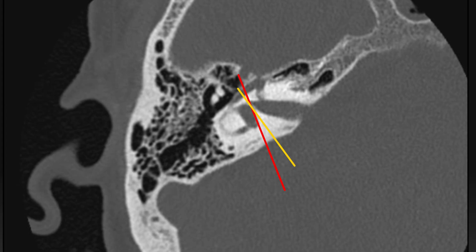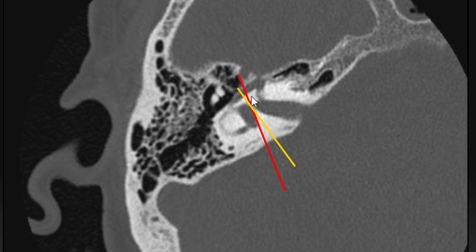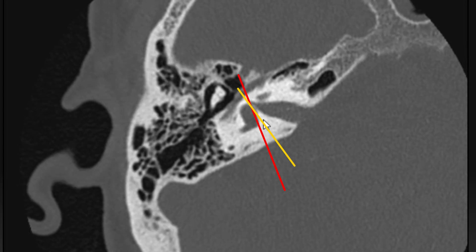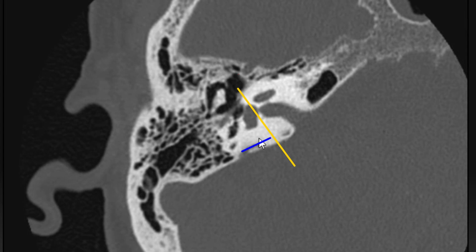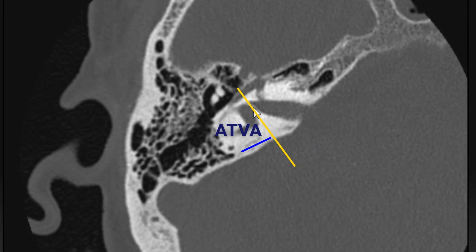We know that's what the isthmus looks like, trajectory, how it should be oriented, and that's the part hitting the puck. And now we do a different angular function. One line is parallel to this vestibular aqueduct proper, and we see where it intersects that isthmus, and we have the ATVA.